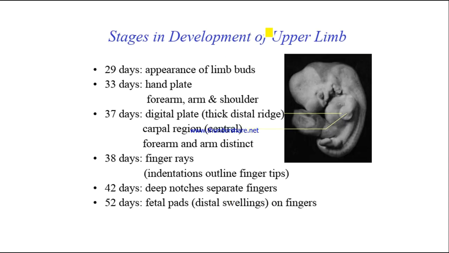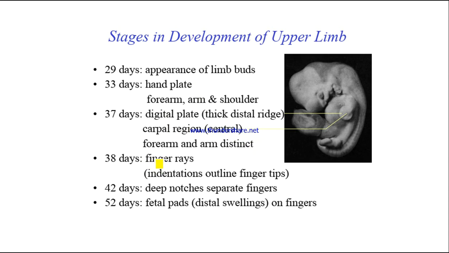So let's go through this in a bit more detail. At 29 days we've got the appearance of the limb buds. At 33 days we're going to get the hand plate, the forearm, arm and shoulder. At 37 days we get the distal plate, a thick distal ridge, and the carpal region, central forearm and arm become more distinct.